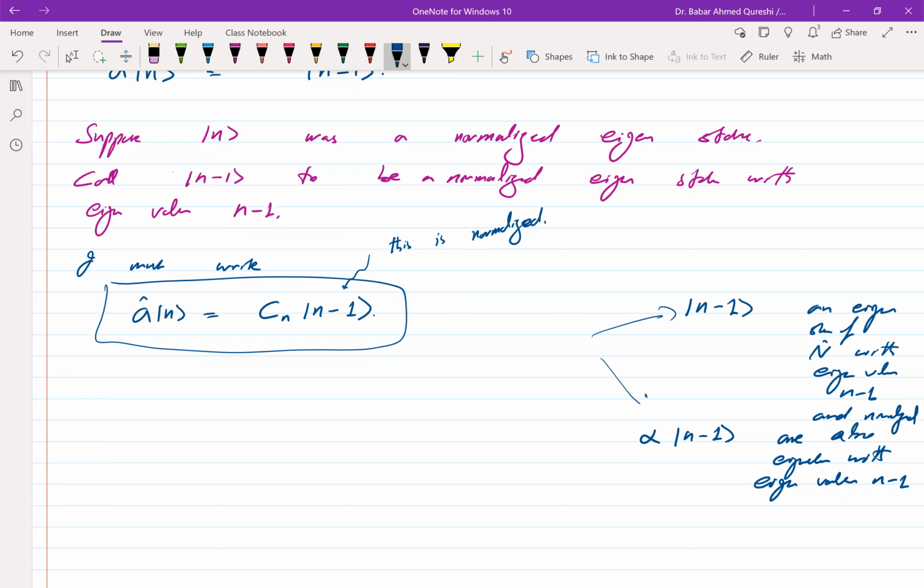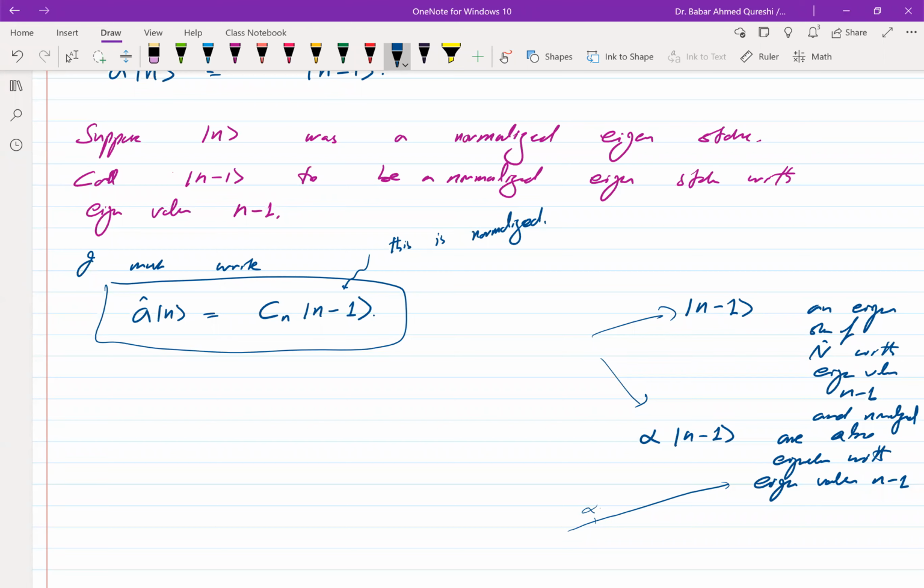This one or this one with any alpha? There's a whole one-dimensional family of states where you multiply with an arbitrary complex constant and you still get an eigenstate.